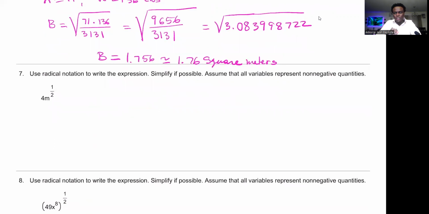What I want to emphasize is that whenever you see an expression with a rational exponent, you need to identify what is the coefficient, what is the base of your exponent, and what is the exponent.